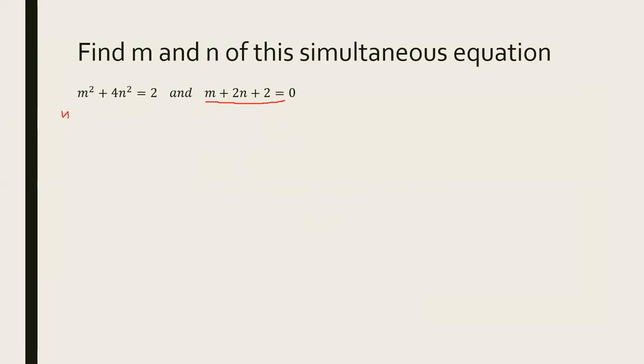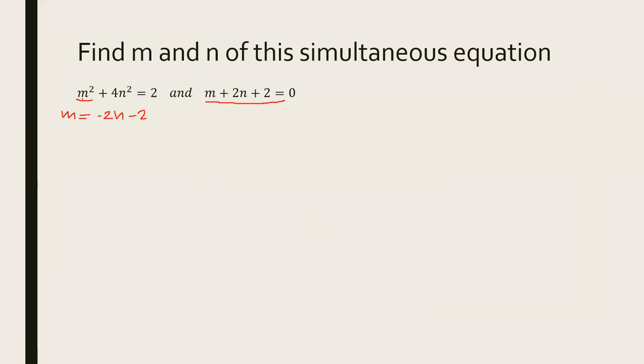It becomes m equals negative 2n minus 2. Okay, and afterwards, this m in the quadratic equation, I will replace with negative 2n minus 2, because m equals negative 2n minus 2.